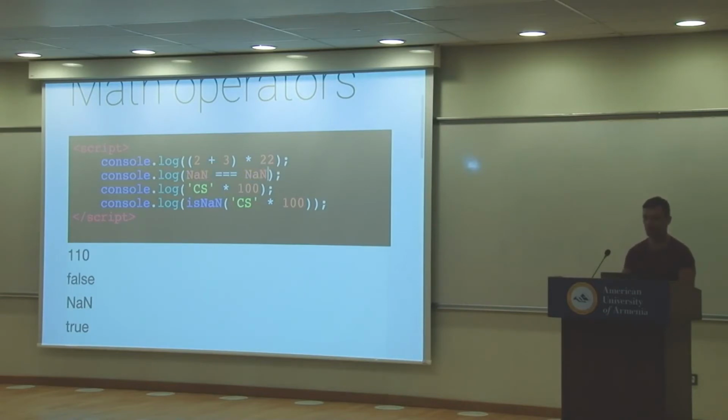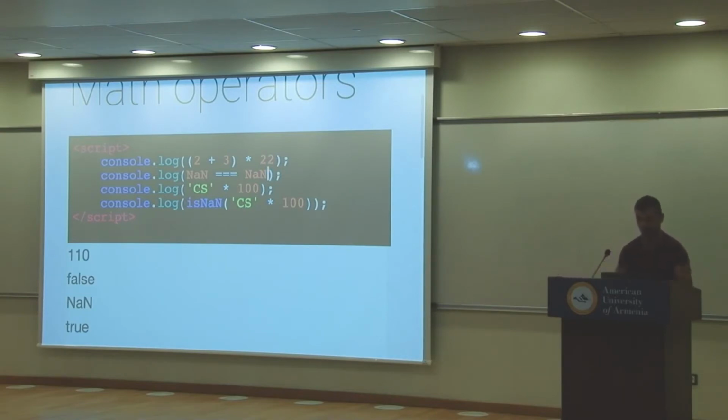False. Huh. Remember how I mentioned that Brendan Eich implemented JavaScript in 2 weeks? This was one of the errors that he introduced into the language, that NaN isn't equal to anything, even itself. So if you ever want to check, is a value NaN?